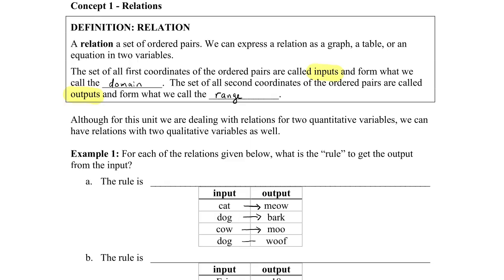And the input dog can also give us the output woof. So this rule might be something like, what does the animal say if you ask a 5-year-old? So if you ask a 5-year-old, what does the dog say? One 5-year-old might say bark and another one might say woof. So both of those are valid outputs for the input dog.